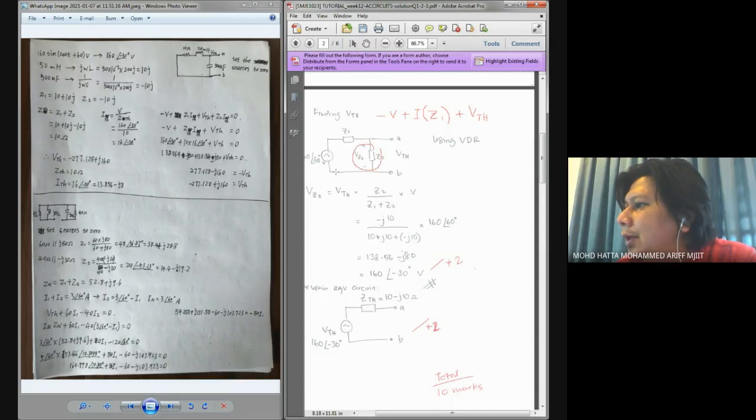So you should have negative V, going around this loop, this is negative V, this is another voltage drop over here, consider that voltage drop, and the current here is basically I total.